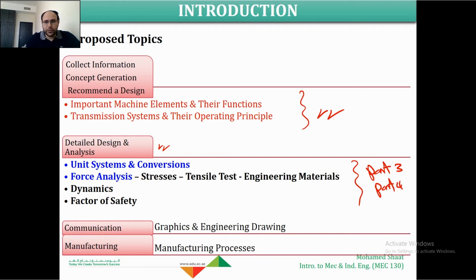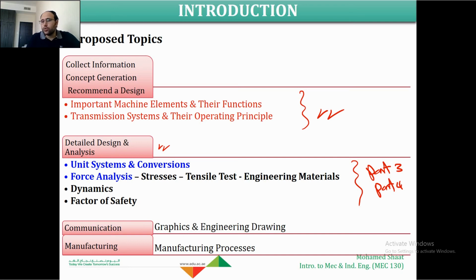As I've mentioned before, your objective in this part is to do design calculations in order to design the different mechanical components making up the mechanical system that you're designing. For example, we have discussed shafts and their operating principle, and gears, how they work, their functions, their use, and the different types of gears.